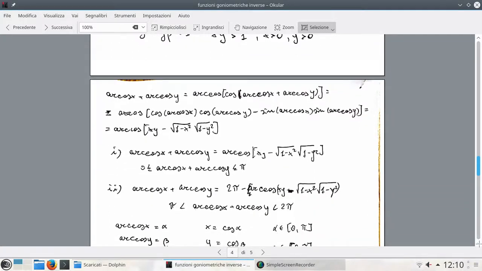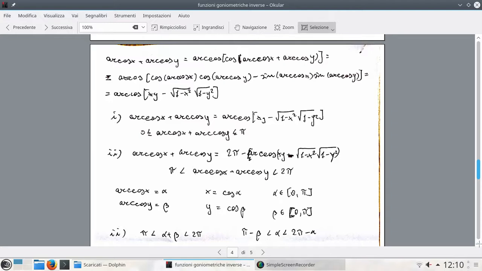Okay, we start examining the obvious equality: arccos x plus arccos y equals arccos of cos of (arccos x plus arccos y).